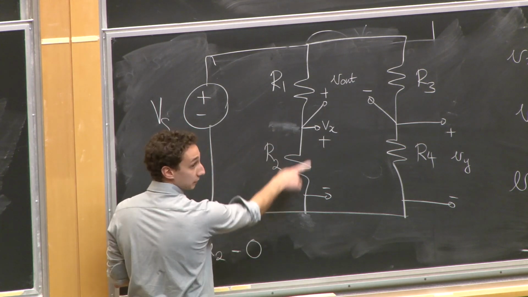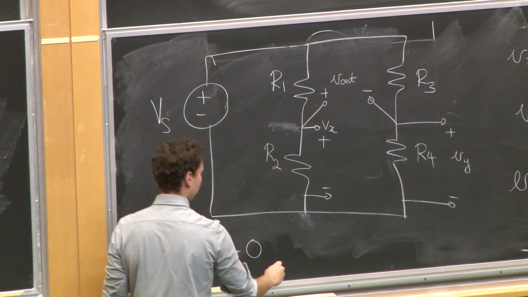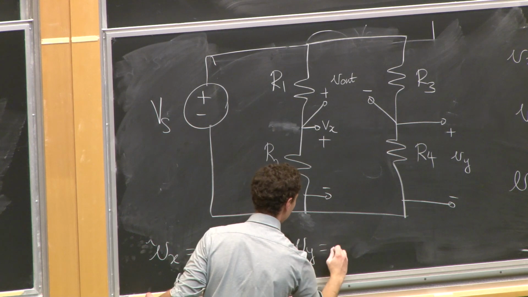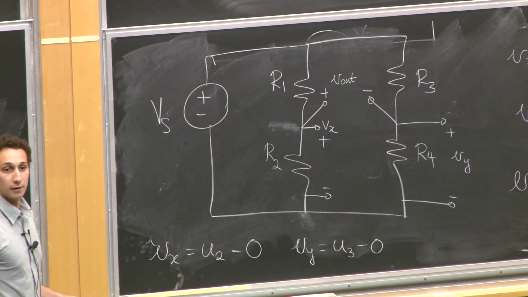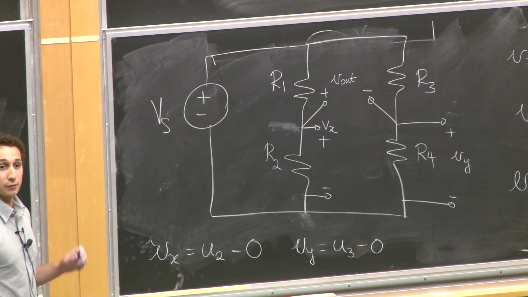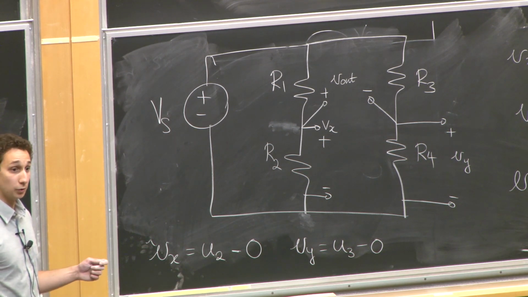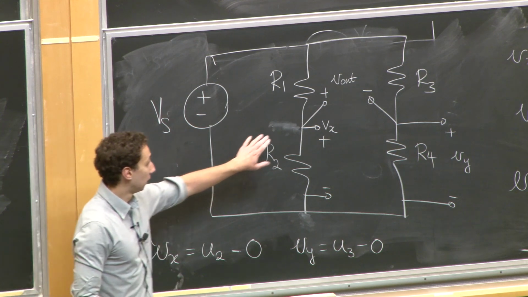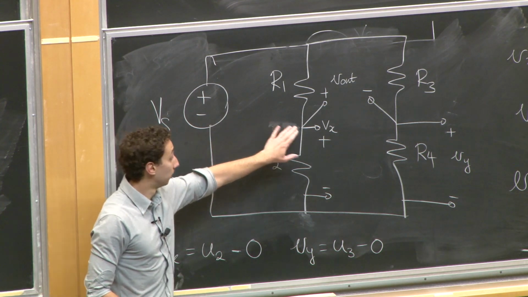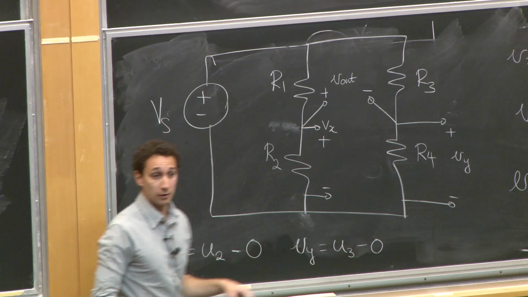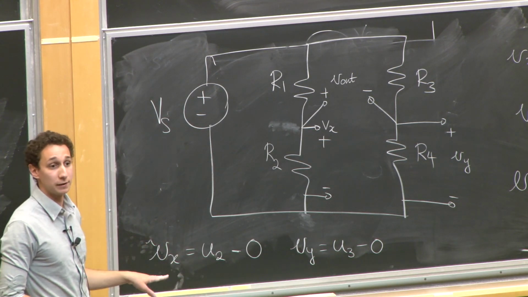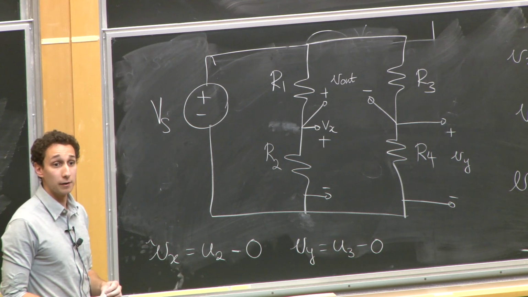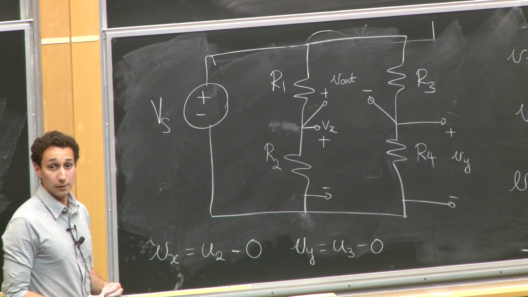Which is the potential. Similarly, Vy is U3 minus 0. Same thing. And so if I want to find the potential between these two, it's just U2 minus U3, okay? And because of this 0 present here, it's equivalent to saying Vx minus Vy. Okay, good question.